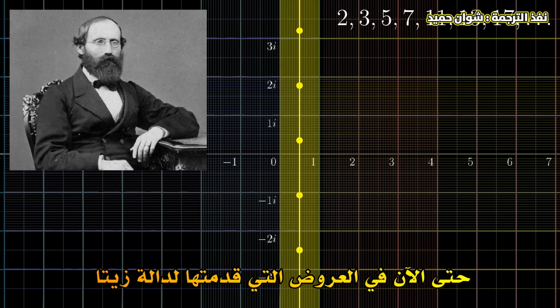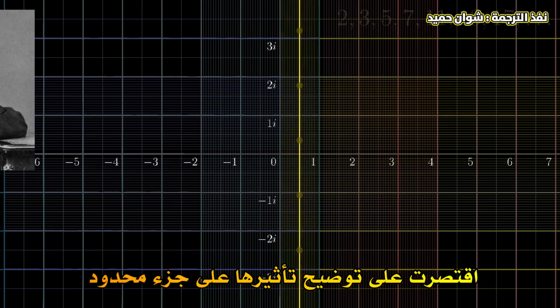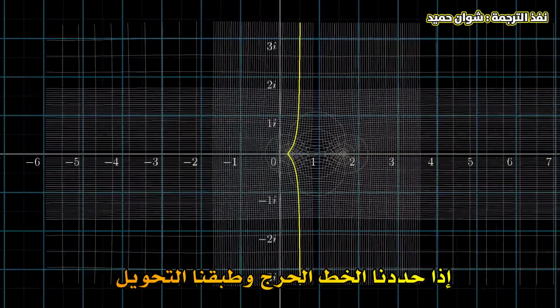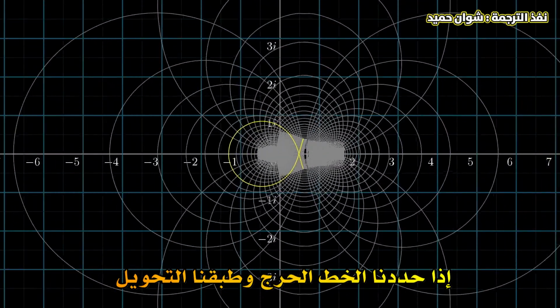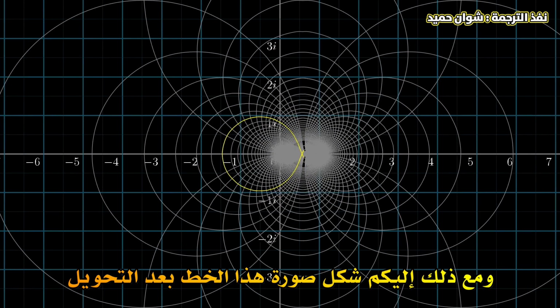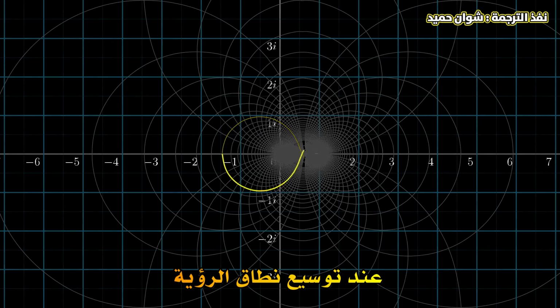Now, so far, when I've shown what the zeta function looks like, I've only shown what it does to the portion of the grid on the screen, and that kind of undersells its complexity. So if I were to highlight this critical line and apply the transformation, it might not seem to cross the origin at all. However, here's what the transformed version of more and more of that line looks like.